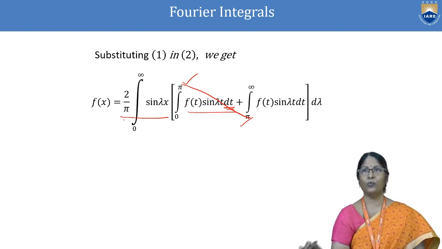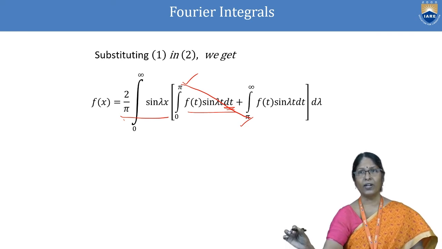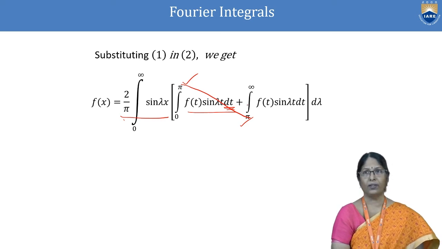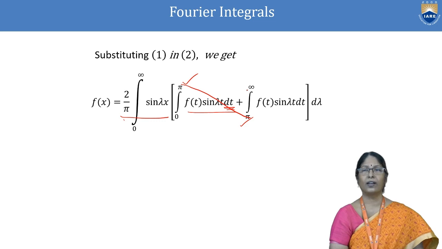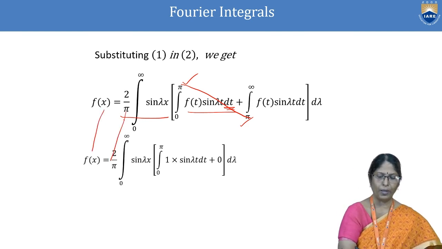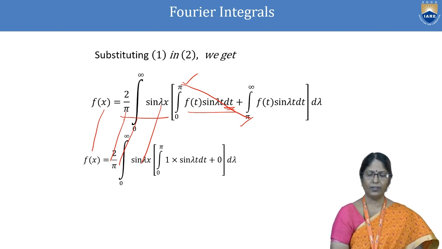The function value is 1. Everything else given in our problem is 0. That means here we will read t lies between pi to infinity, that integrand vanishes, according to our problem. So f of x is 2 by pi integral, all of this is written as it is.